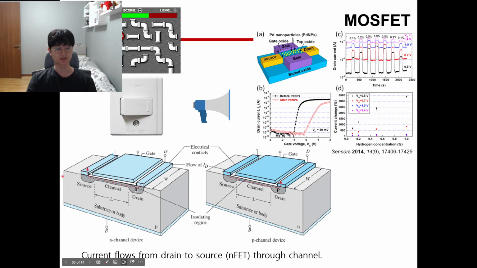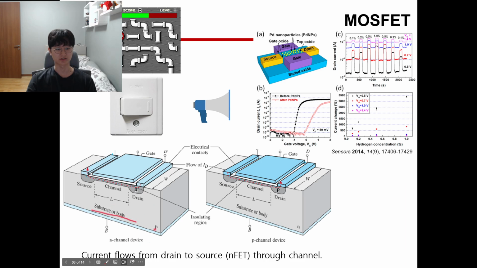This is the structure of a MOSFET. Before we learn about the MOS capacitor, a MOSFET is a MOS capacitor with a source and drain added. This is an N channel device.